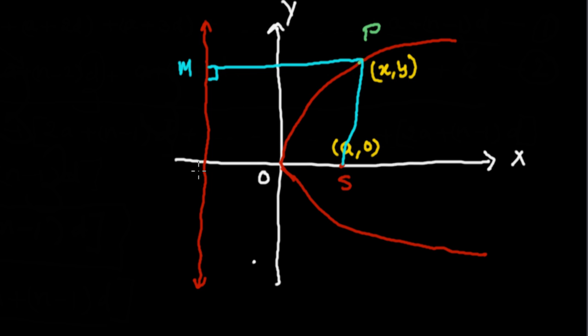So the equation of directrix would be x is equal to minus a, or we can write this as x plus a is equal to 0. This is the equation of directrix.